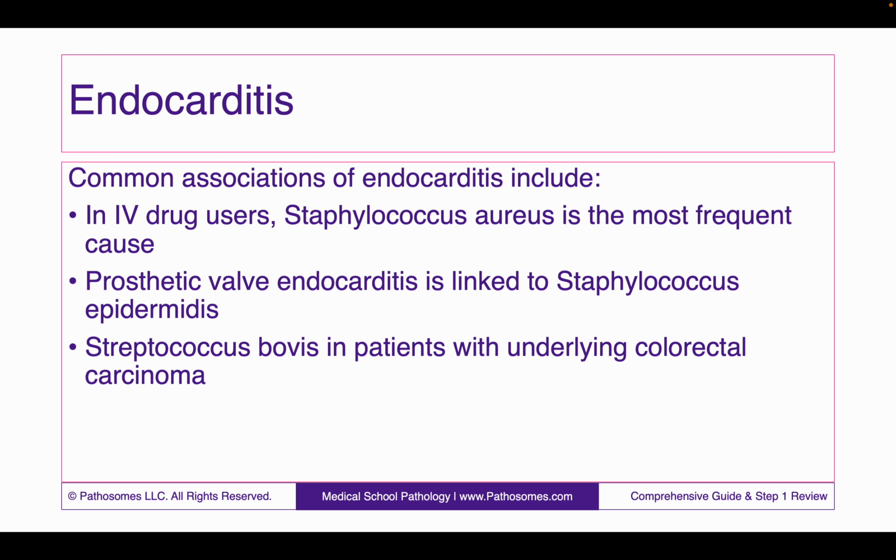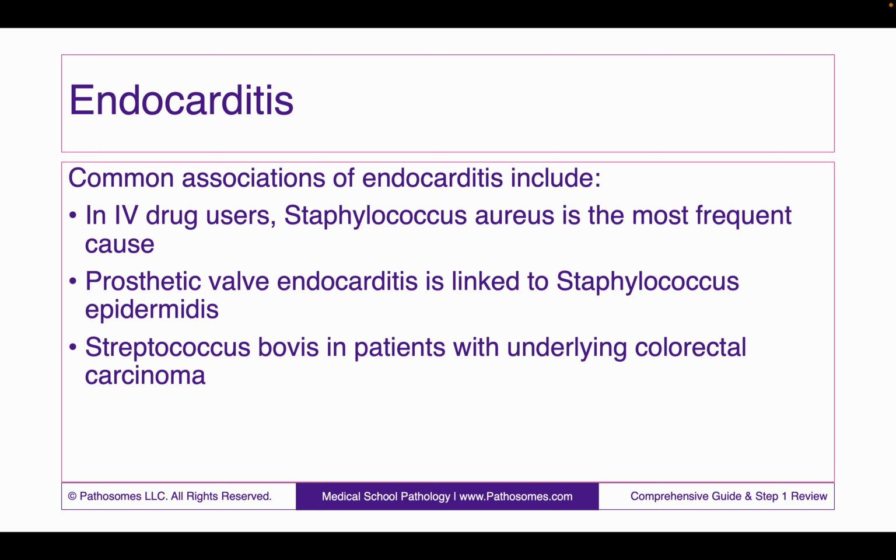Common associations of endocarditis include IV drug use, right? Patient walks in homeless for the most likely vignette scenario, utilizes heroin, multiple needle tracks, etc. With those types of patients, Staphylococcus aureus is the most frequent cause.